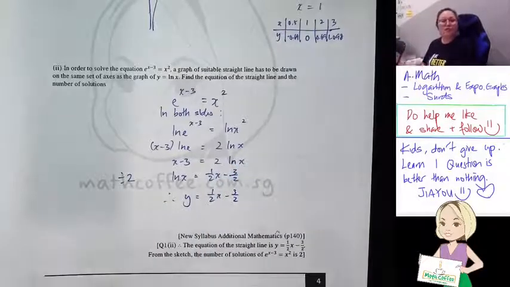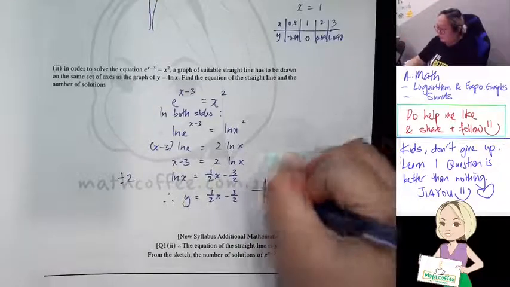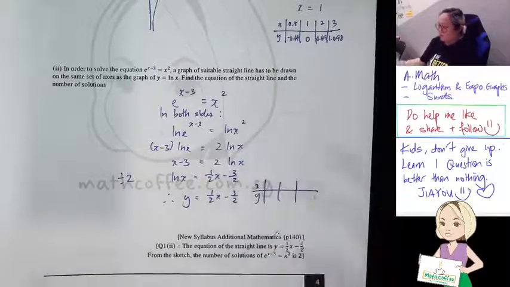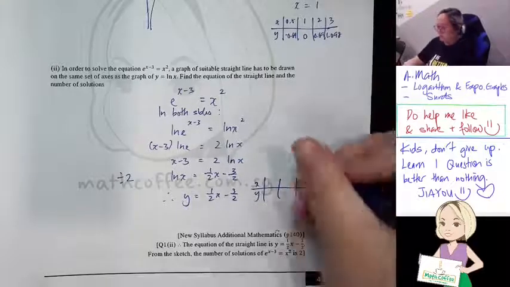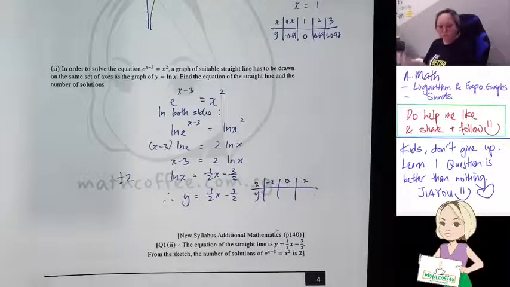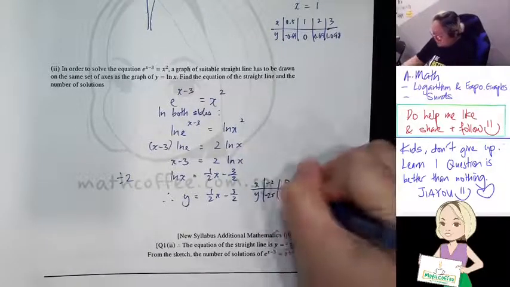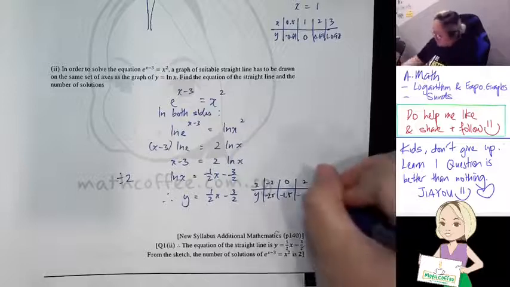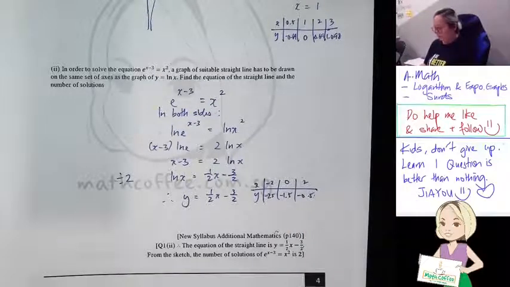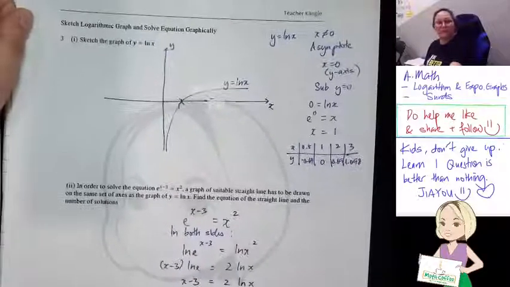So this is the straight line that you need to plot. Again, we need the points. So x, y, put 3 points. I like to put minus 2, 0, and 2. I get negative 2.5, I get minus 1.5, I get negative 0.5. With that, let's go back to our graph and plot the points.